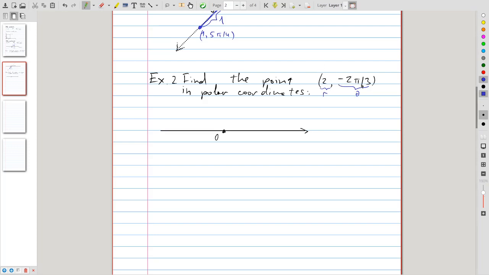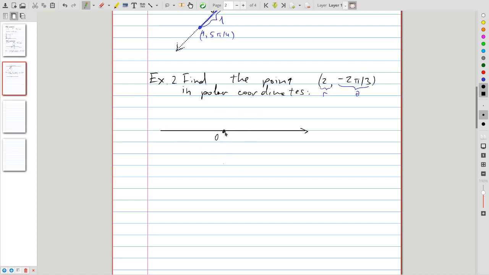We have to measure the angle of size minus 2 pi over 3, starting from the direction of the axis. So since our theta is negative, we'll be measuring it clockwise in this direction. So we will need to form an angle of size 2 pi over 3 in the clockwise direction.